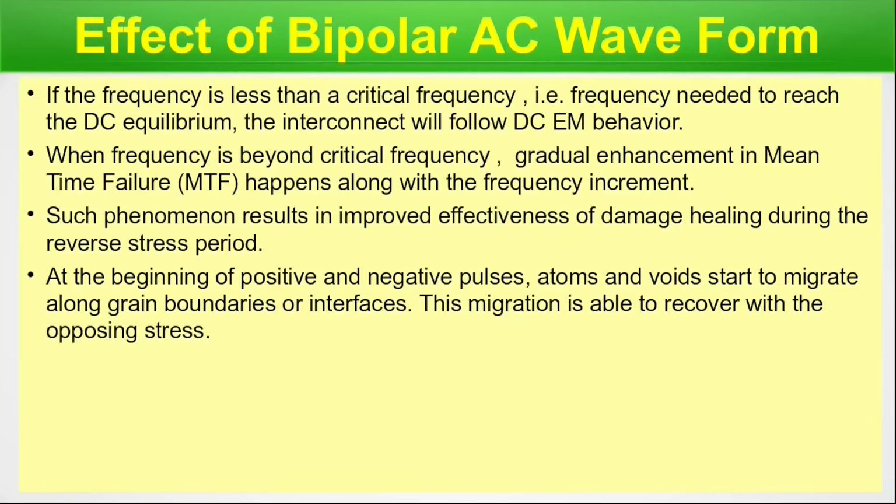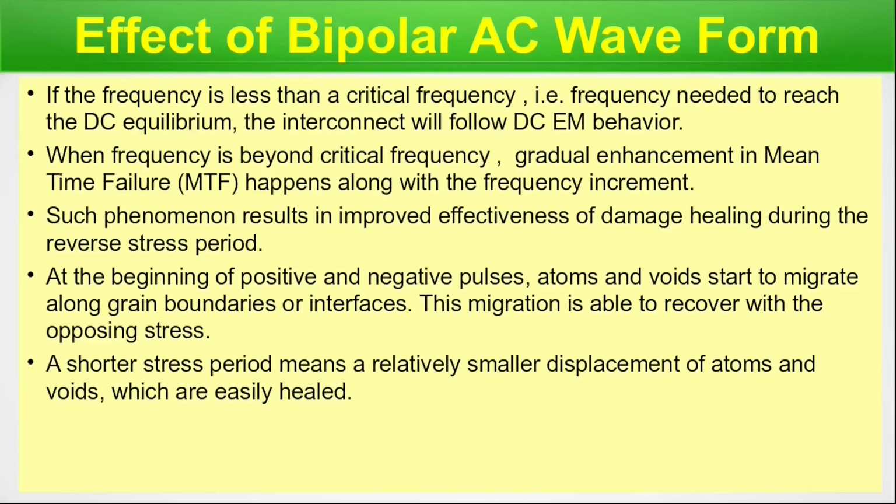At the beginning of the positive and negative pulses, atoms and voids start to migrate along the grain boundaries or interfaces. This migration is able to recover with the opposite stress. Now here you can see the term stress, which I explained a few slides back. And this stress means when a circuit is under operation, that particular circuit operates for a long time, and hence any of the stress could happen that I explained in the last slide.